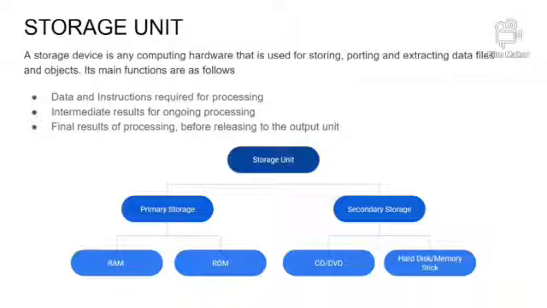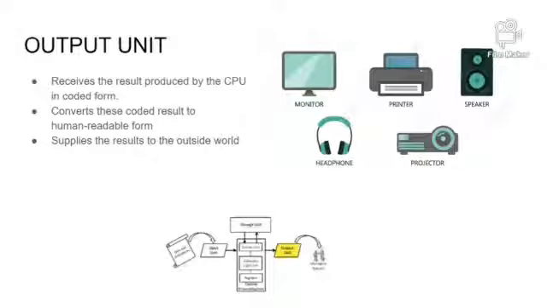For any system, once you give the input, after processing it, the system will give you the output. The same is the case with a computer, which also has an output unit. Let us move on to the output unit of the computer. The information obtained after data processing is supplied to the outside world through the output unit in a human readable form.